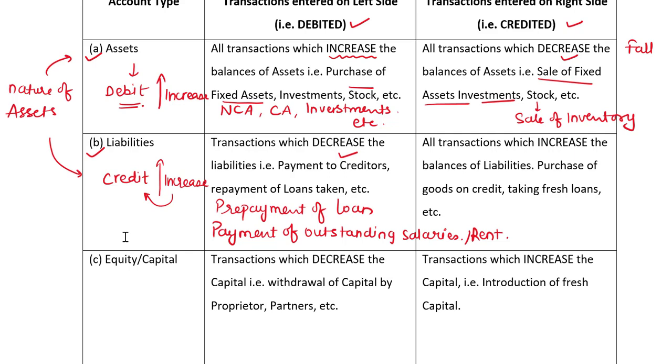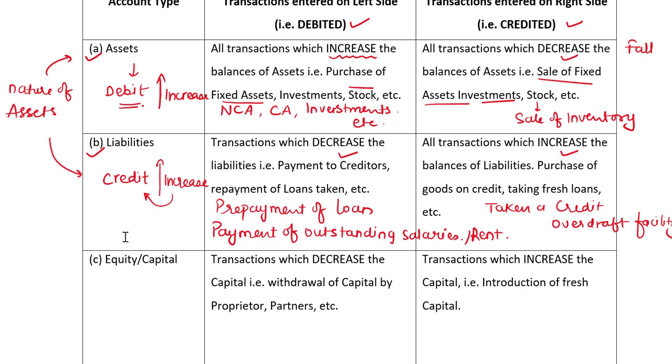Let's see when the liabilities need to be credited. It's the personal nature of liabilities. That means when there is an increase in the value of liabilities, all the liabilities need to be credited. When there is an increase in the liabilities, supposing the company has taken a fresh loan, a credit or overdraft facility from the banker.